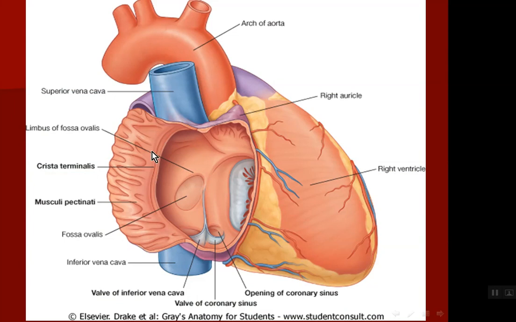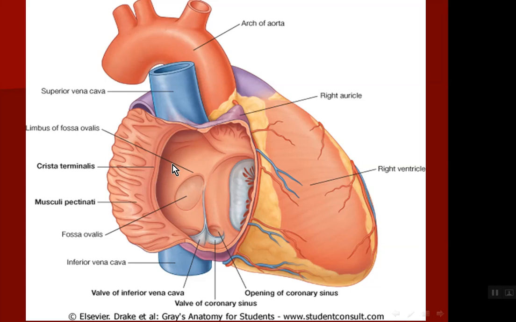Okay, I want to start from the right atrium because the heart has four cavities. Two of them are located superiorly, and the other two cavities are located inferiorly.